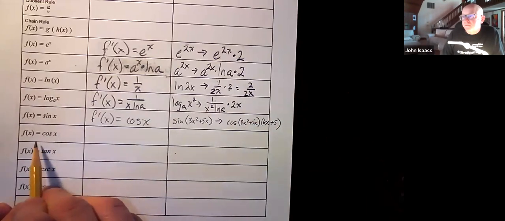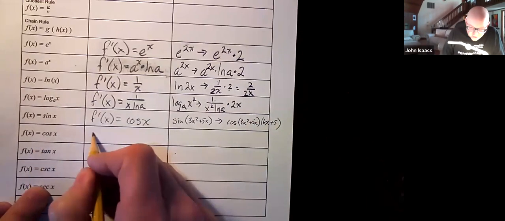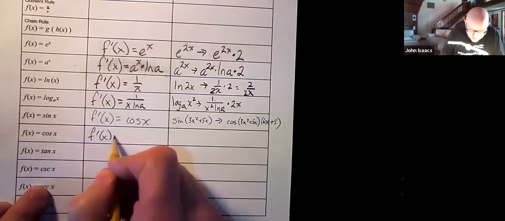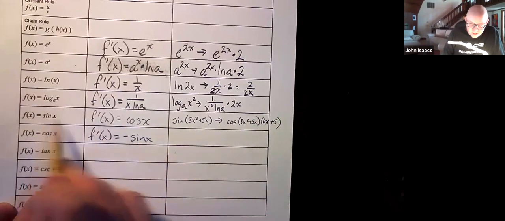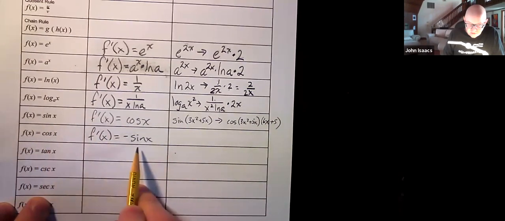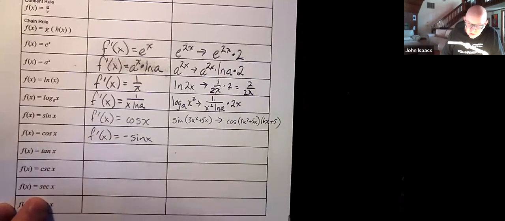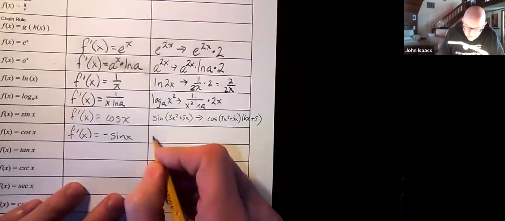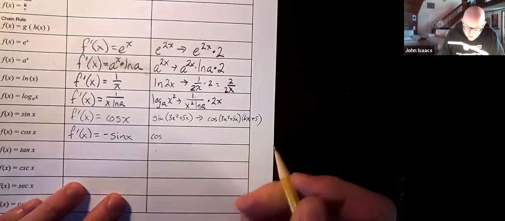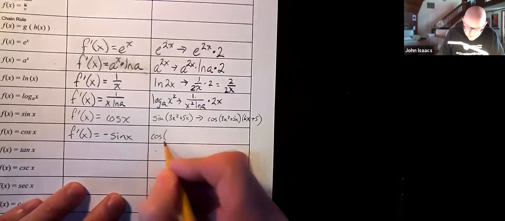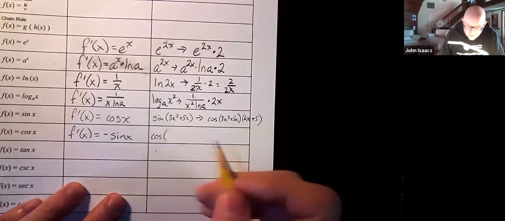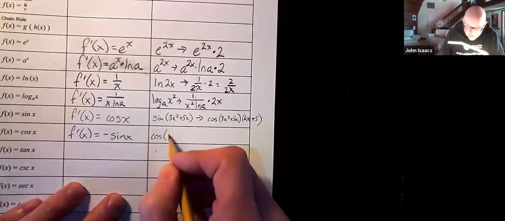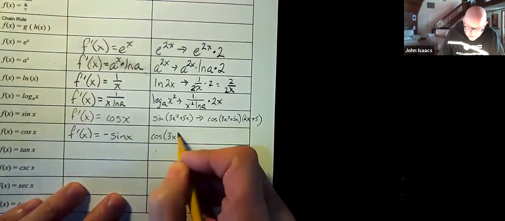The derivative of cosine x in general is equal to negative sine x. So notice the derivative of sine x is cosine x, and of cosine x is negative sine x. When we go from cosine to sine, we have to take a negative. So let's say we had cosine of 3x to the 5th.